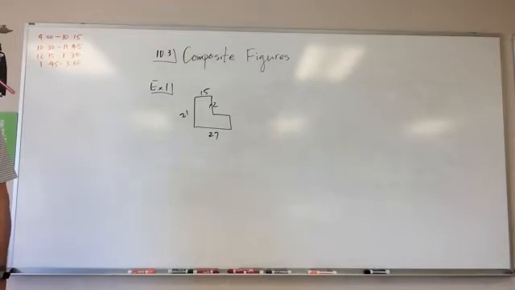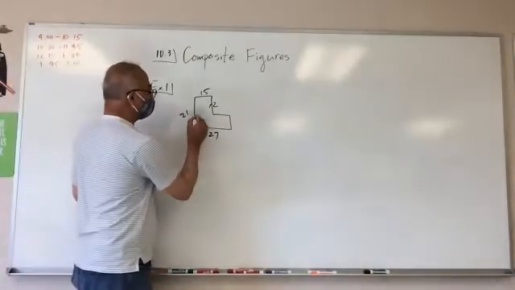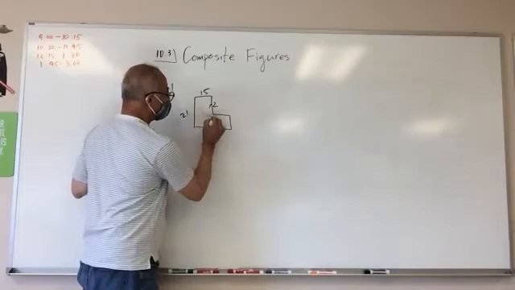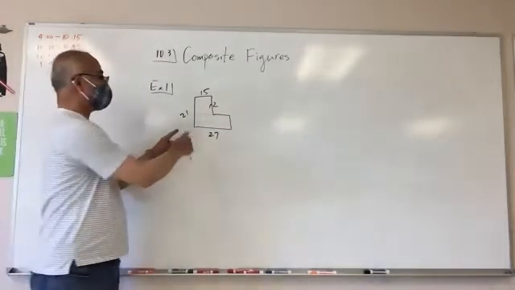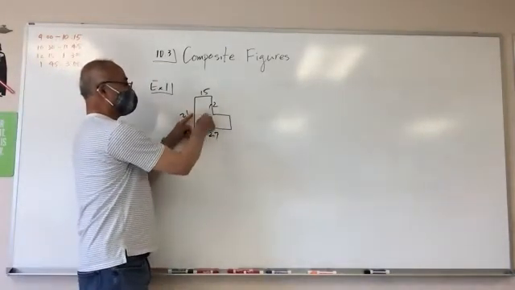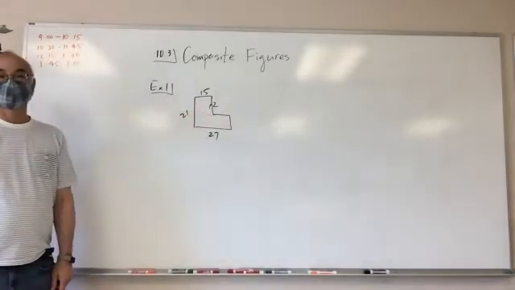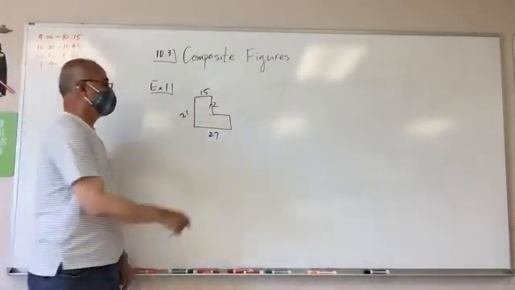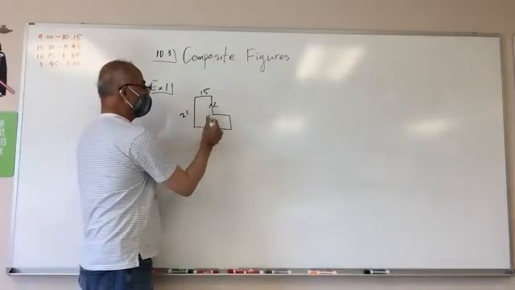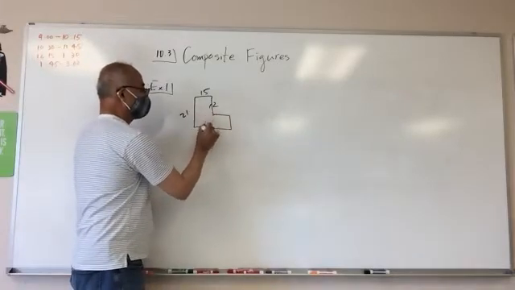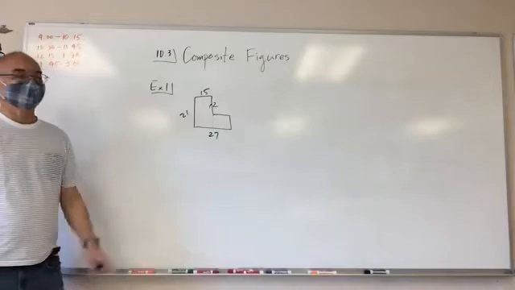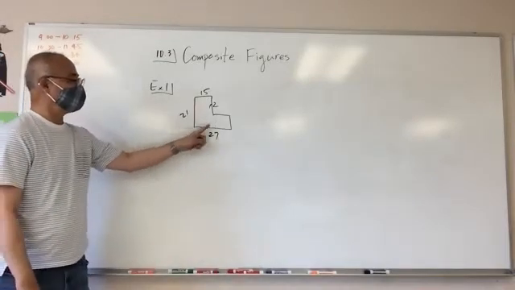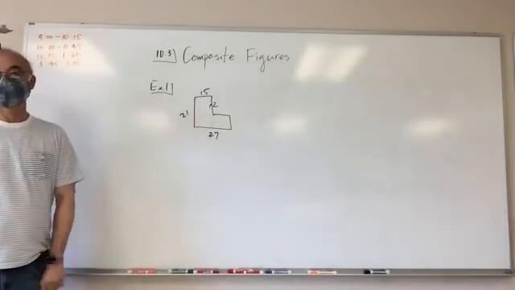First way is to go like this. Then you have 2 rectangles, right? Another way is to go like that. Then you have this rectangle, and then this rectangle.